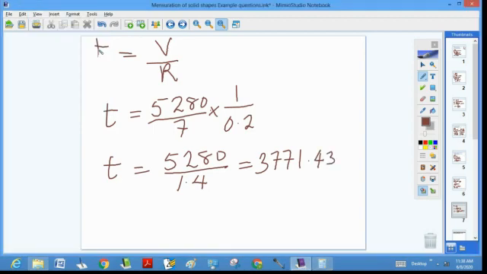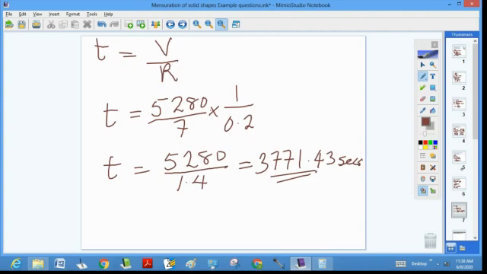So that is in seconds. So this is the time it will take the cylindrical tank to be filled with water.